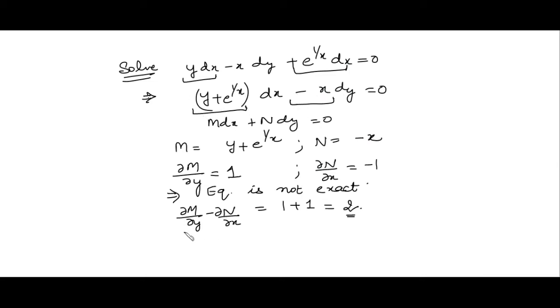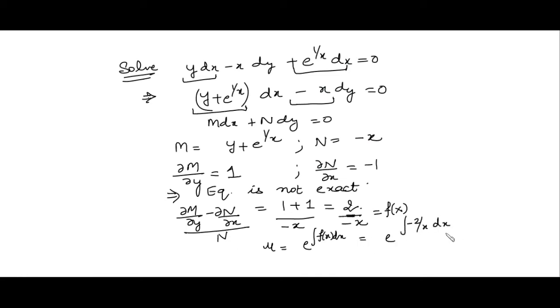So we divide this by N, because in that case it's a function of x alone. This is your f(x). So the integrating factor mu will be e to the power integral of f(x) dx. Substitute the value of f(x) over here. After simplifying, we get 1 over x square. So this is the integrating factor of this equation.